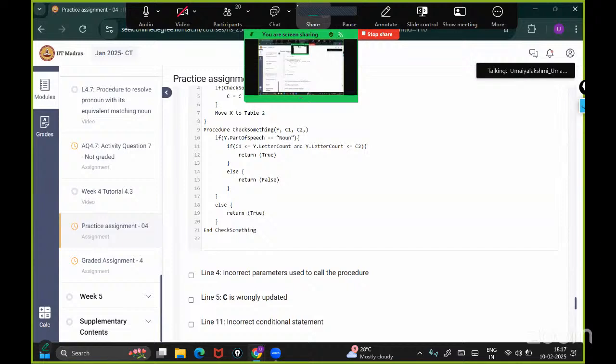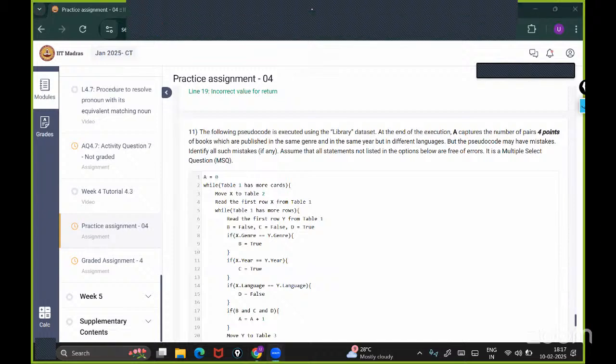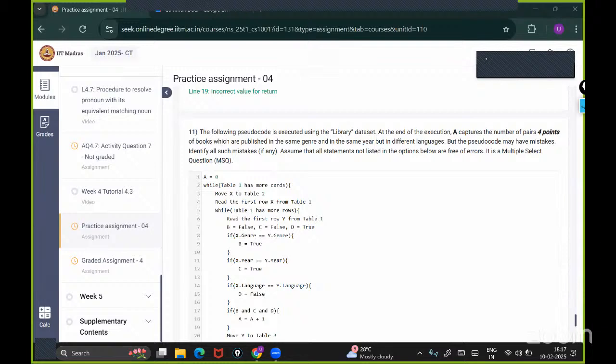Am I audible? Yes, ma'am. Okay, so no doubts? Sir, as of now I'm in a class. I am taking the degree of IIT Madras, data science.